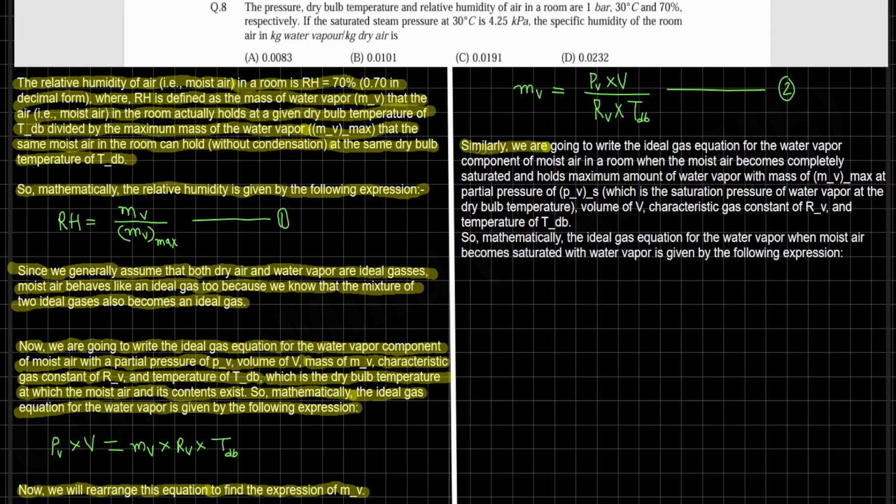Similarly, we are going to write the ideal gas equation for the water vapor component of moist air in a room when the moist air becomes completely saturated and holds the maximum amount of water vapor with mass of MV max at partial pressure of PVS, which is the saturation pressure of water vapor at the dry bulb temperature.